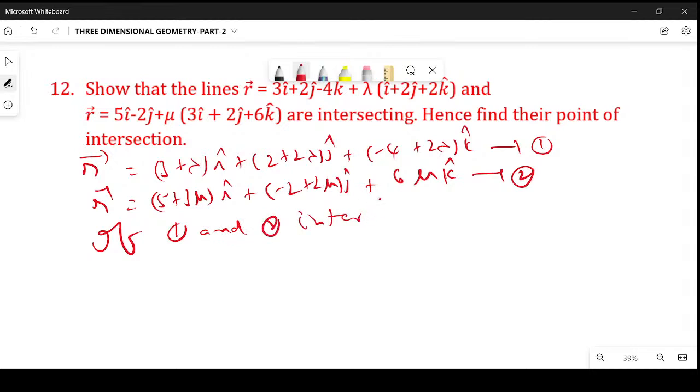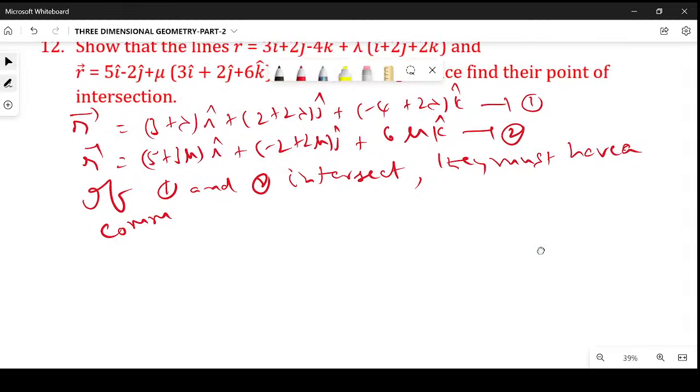If 1 and 2 intersect, they must have a common point.